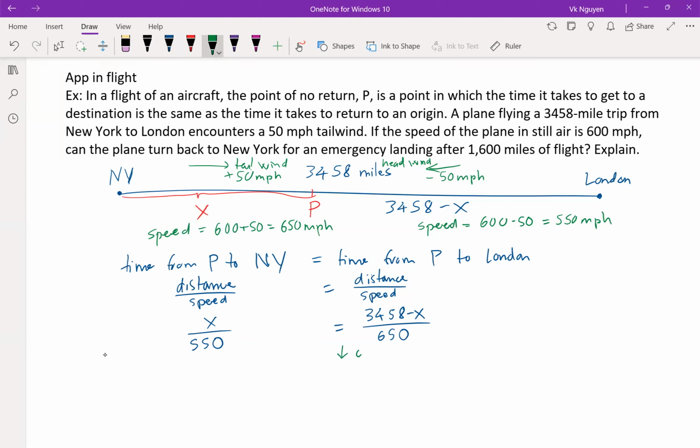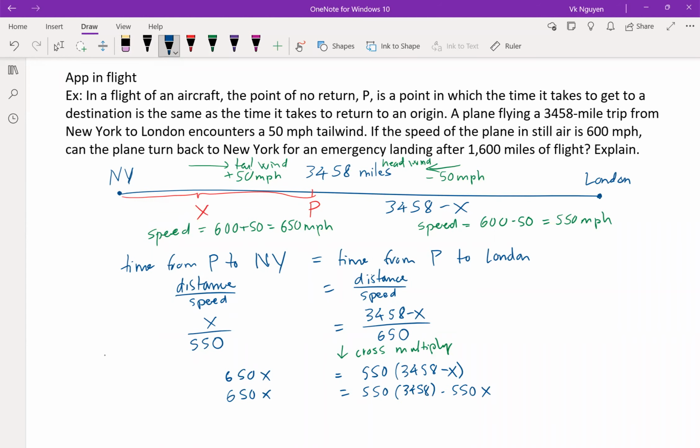You have to do the cross multiply. 650x equal to 550 times 3458 minus x. 650x equal to 550 multiplied, well, distribute the 550, 3458 minus 550x.